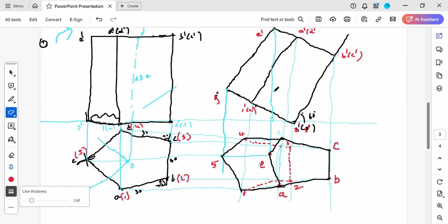For that, redraw the front view so that it makes an angle of 60, take vertical projections from here, and take horizontal projections from here. You will get the corresponding points. Join those points in a sequential order. You will get the final top view when it makes an angle of 60. You understand this explanation.